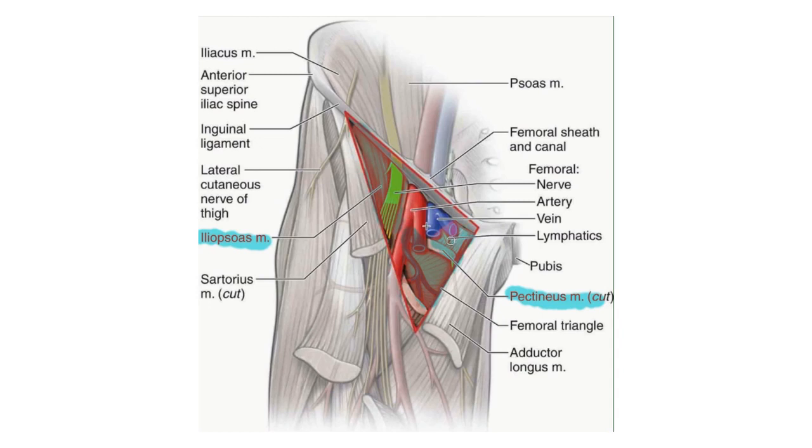As this triangle has a floor and boundaries, it must have a roof as well. The roof of the femoral triangle is formed by the fascia present in this part of the thigh, which includes the cribriform fascia, the fascia lata, as well as the subcutaneous tissue and the skin overlying this area.